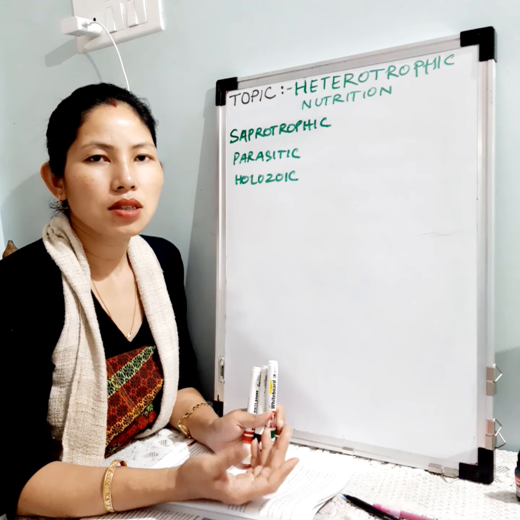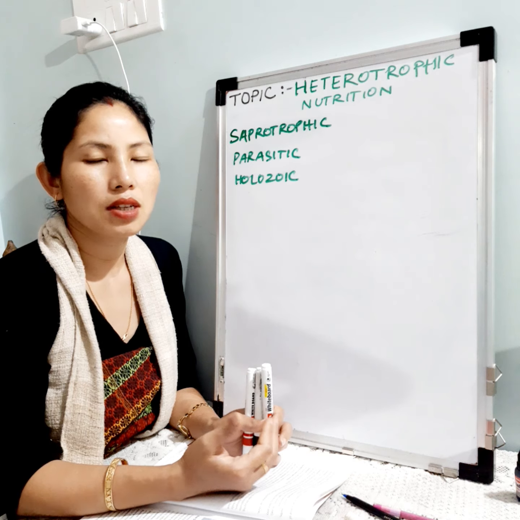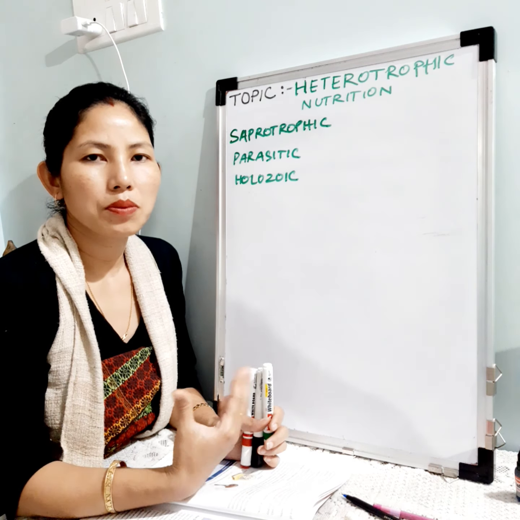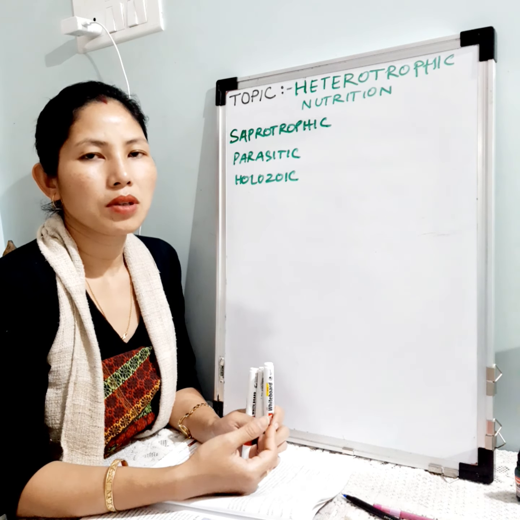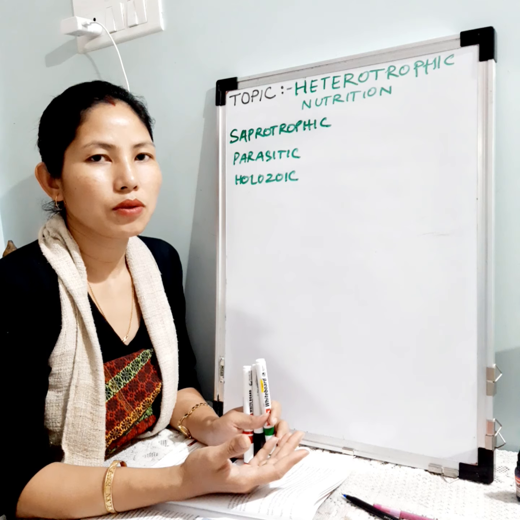Whereas in some cases, the parasite lives inside the body, for example the intestinal worms, right? The intestinal worms absorb the digested food from the host body. This is how they derive their food.